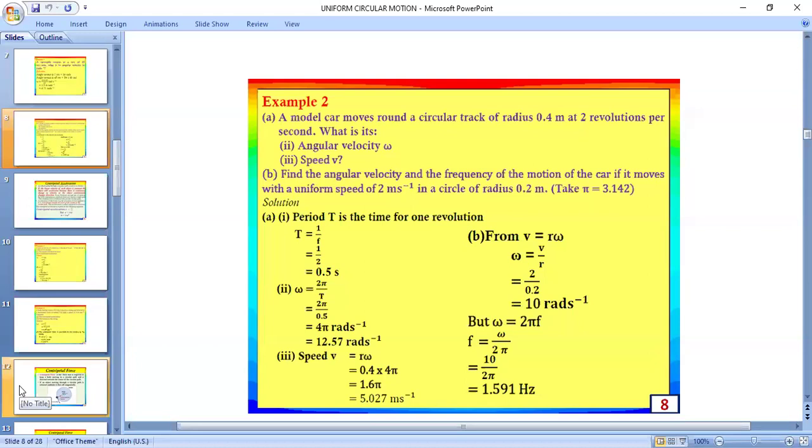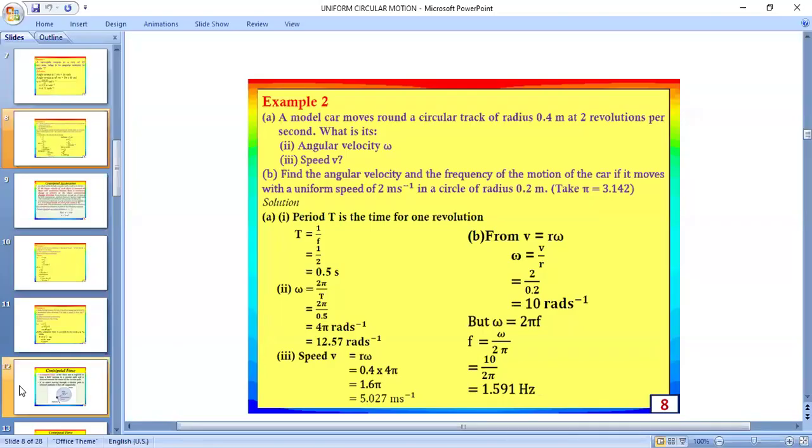So you will say that angular velocity omega equals 2 pi f. Substituting, we have 2 multiplied by pi multiplied by frequency, which is 2, because we are told 2 revolutions per second. That's the same as saying 2 hertz.